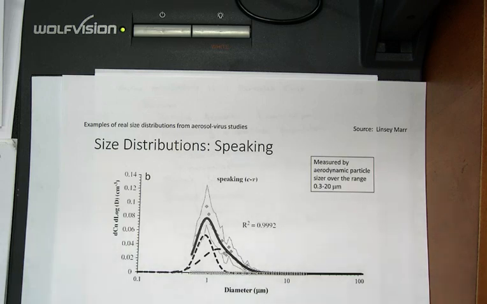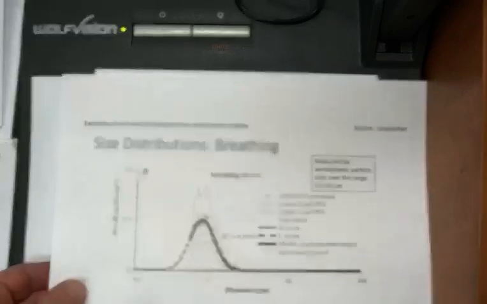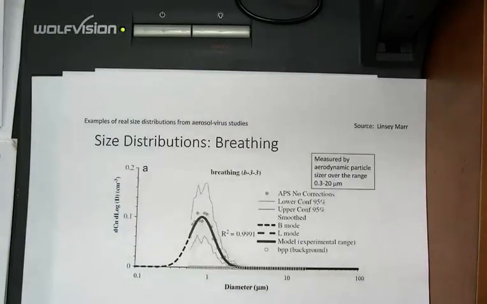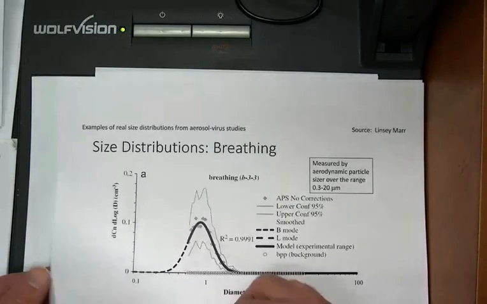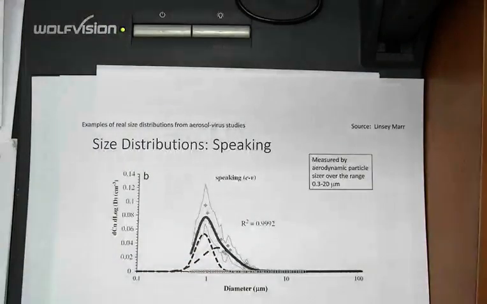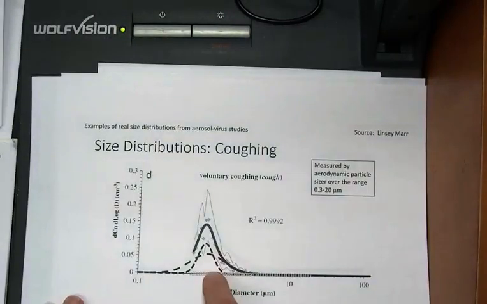And then what size are those particles? Let's say only one of them is speaking and the rest of them are just breathing. How different is this population of particles from this population? Let's say one of them is coughing. How different is this one from the other two? And so on and so forth.